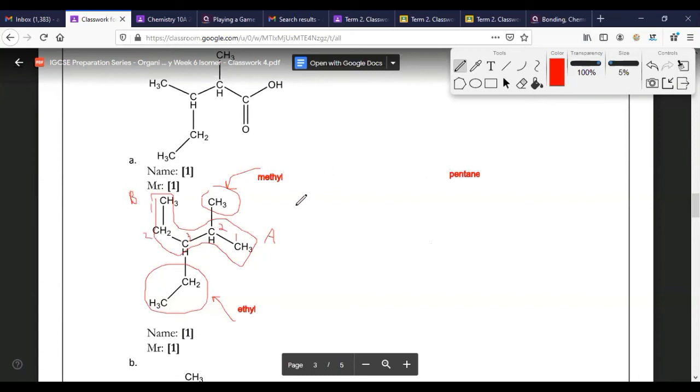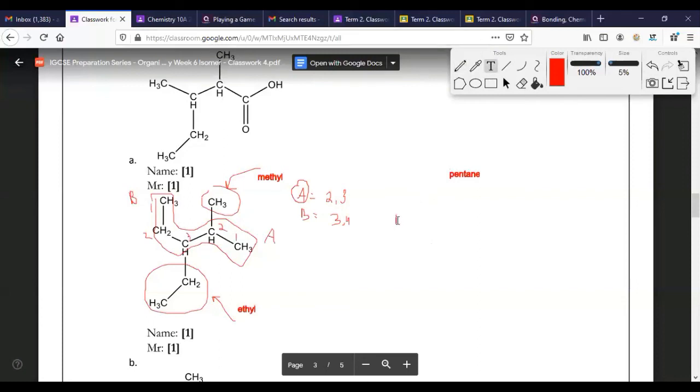Okay, so if you start from A, your branch will get number 2 and number 3. If you start from B, your branch will get number 3 and number 4. And this is the preferable. So we start from A because it will give smaller number.